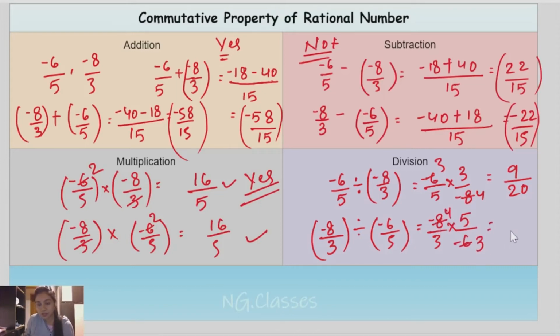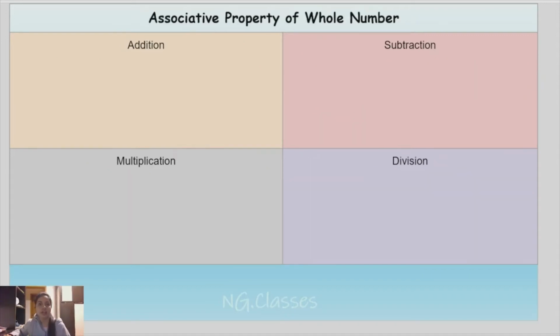So we are getting 20 by 9. 9 by 20 and 20 by 9 is not same. Okay, so we can say division is not commutative for rational number. And now we will discuss associative property, that is our third property for whole number.